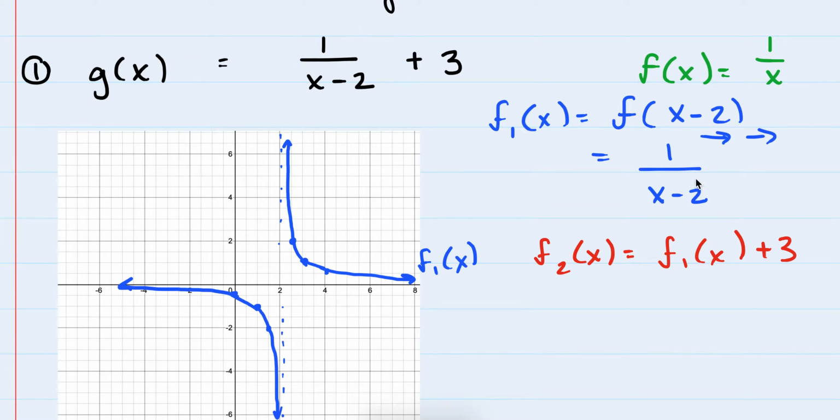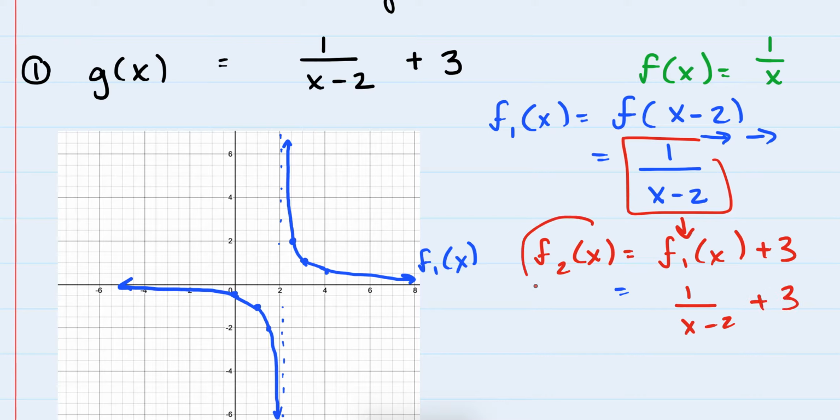If I do that, that says I'm taking 1 over x minus 2, because this is f1 of x, and then I just add 3 to the outside. So this function that I've made is now equal to the function I wanted to graph. Because I put this plus 3 on the outside, that means I'm going to move up 3 units.